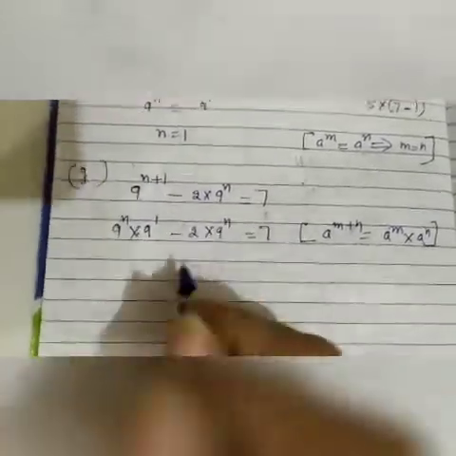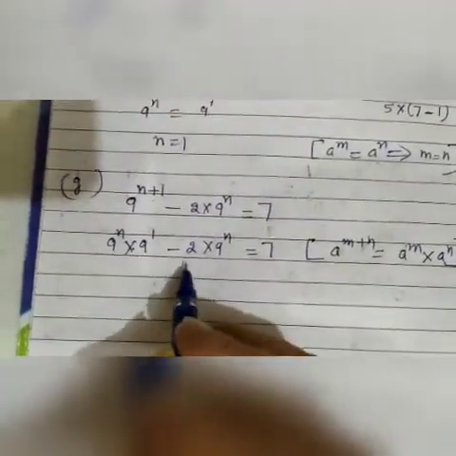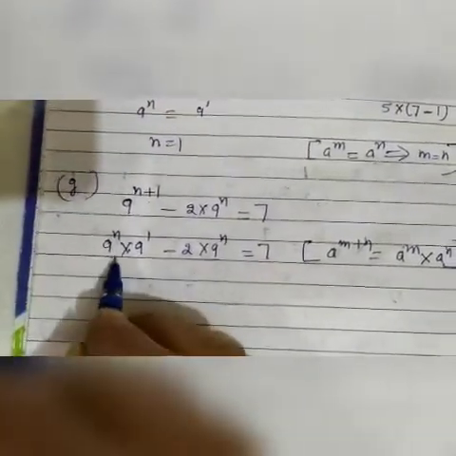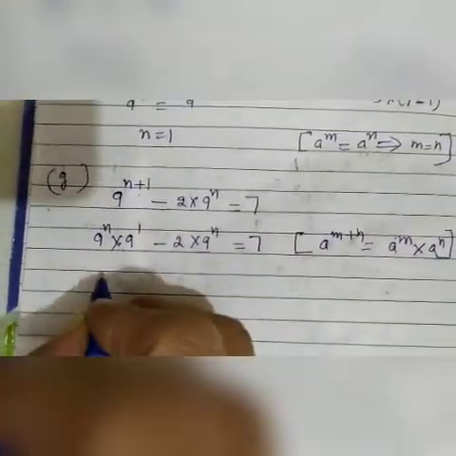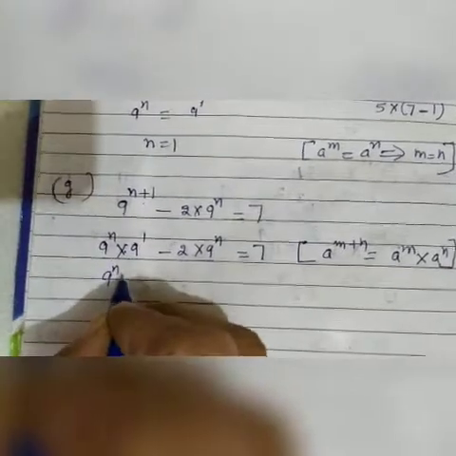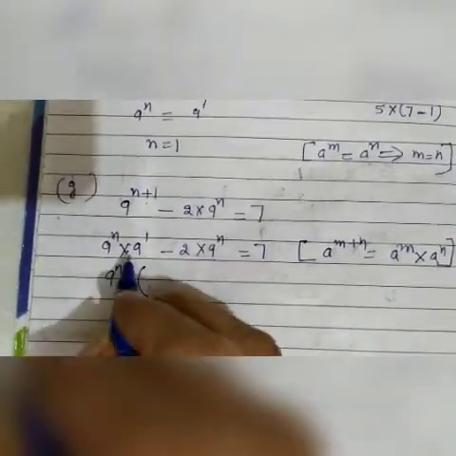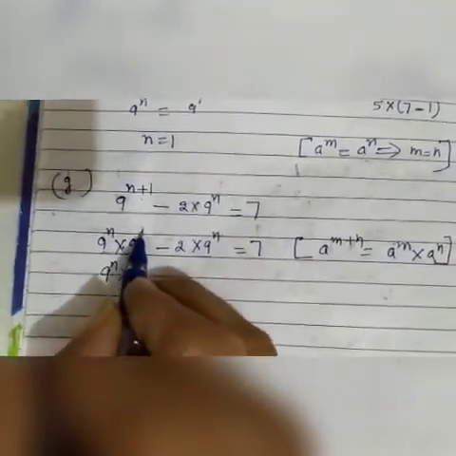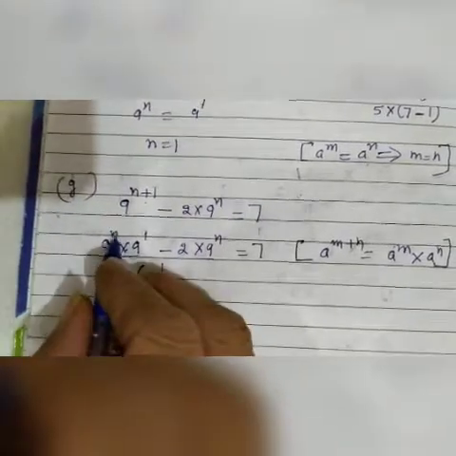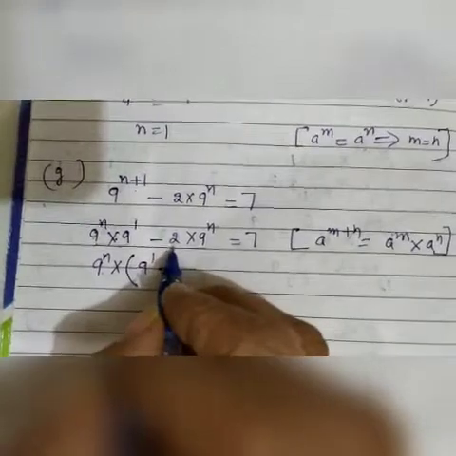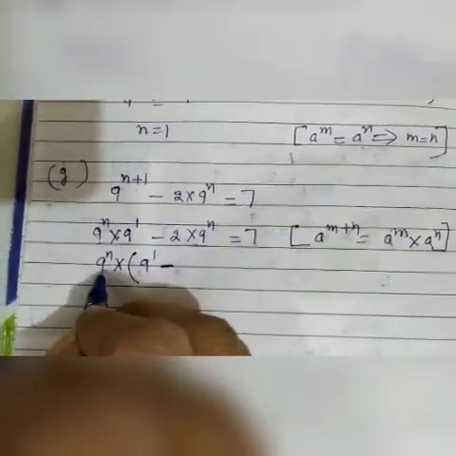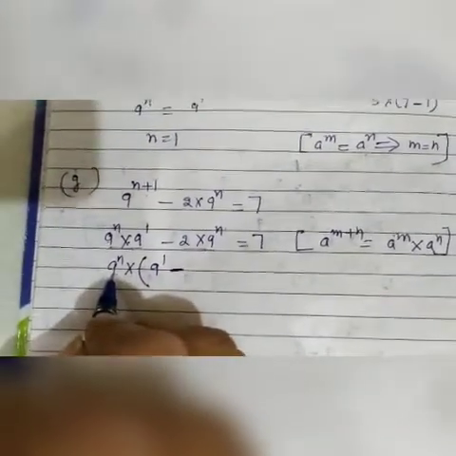Now see, this is the first pair and this is the second pair. In these two pairs, 9 power n is the same. So we will take 9 power n as common, then into what is left from this pair? 9 power 1 is left because we have written 9 power n here. Then this minus sign, from this pair also 9 power n is common.